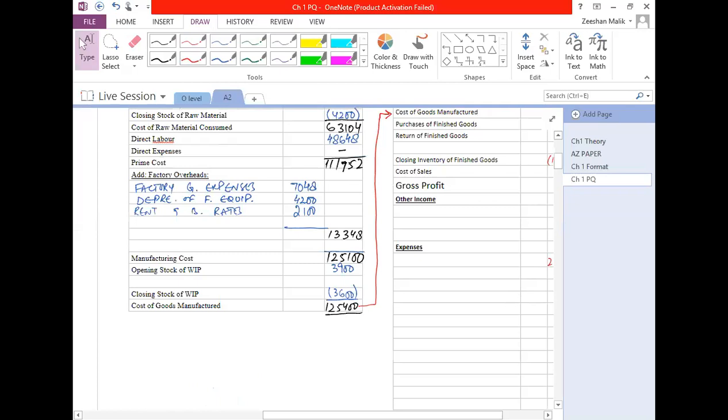Advertising 1472. Bad debts 200. Right? You need to list all other operating expenses, admin expenses, selling and distribution expenses as it is to income statement. Sales and sales return.